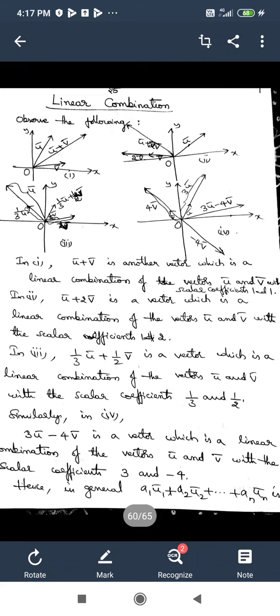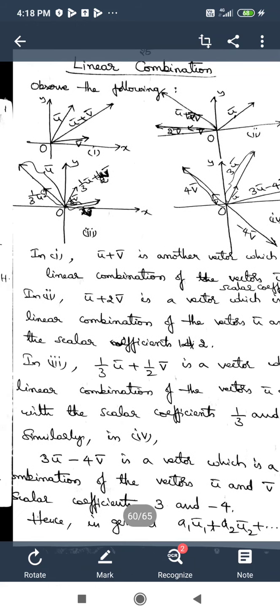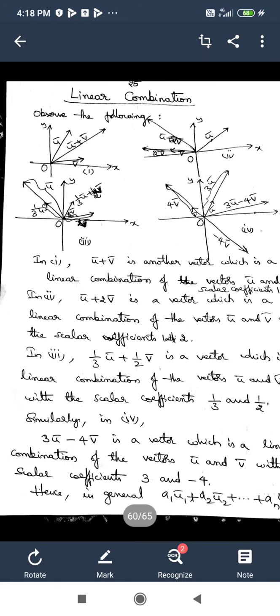And in this figure 2, u bar plus 2v bar is a vector which is a linear combination of the vectors u bar and v bar. And here we can see the scalar coefficients are 1 and 2.